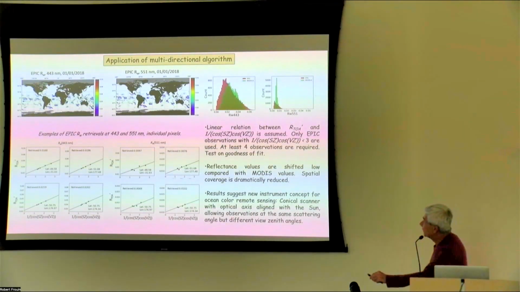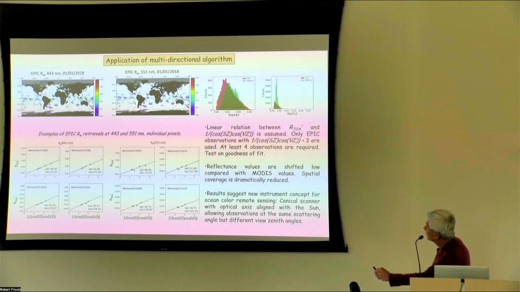Okay, now let's get back to this multi-directional algorithm. This is the application of this algorithm for one day. You have EPIC at 443 and 551 nanometers, and you can see that in this case, the coverage is much less. I think it is because it's difficult to get all the conditions to be able to apply this method.